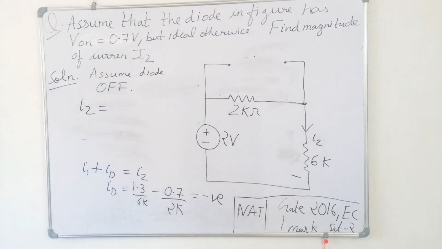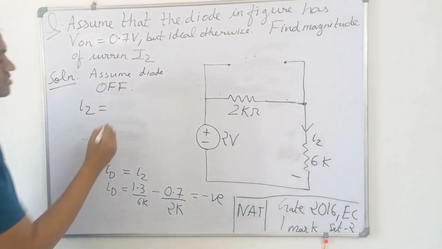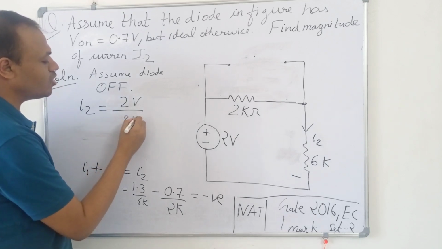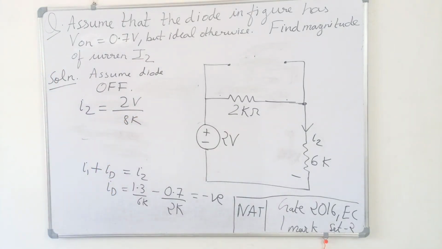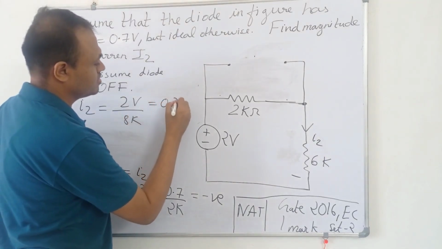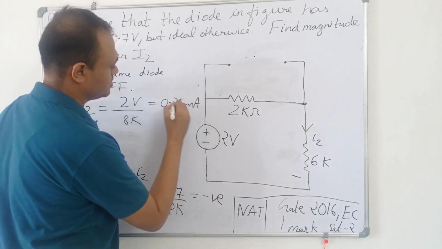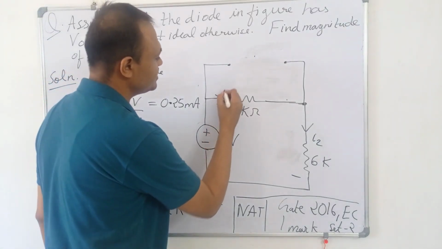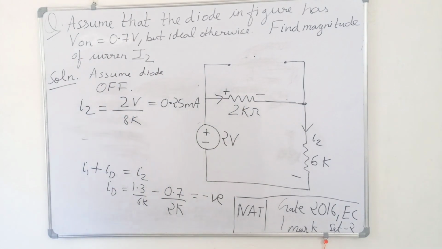I2 equal to 2 volt upon 8 kilo ohm, or 0.25 milliampere. This is the value of the current I2, 0.25 milliampere.